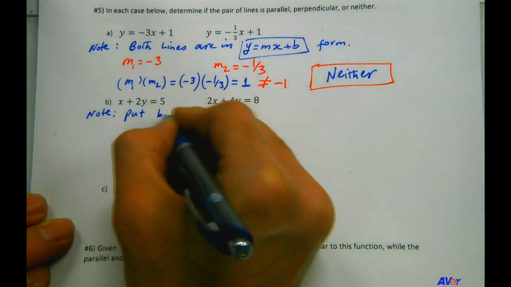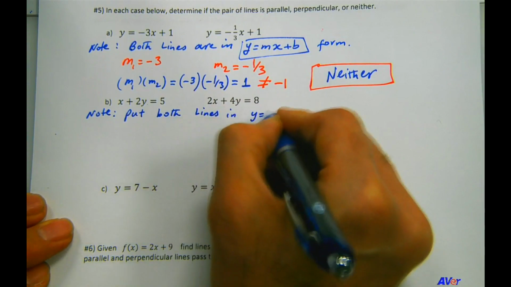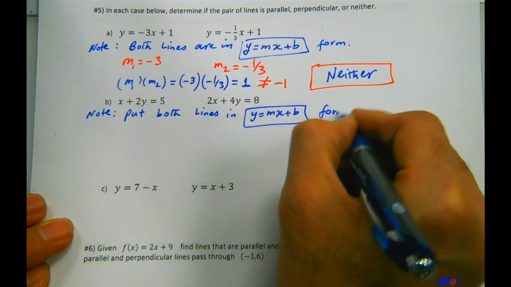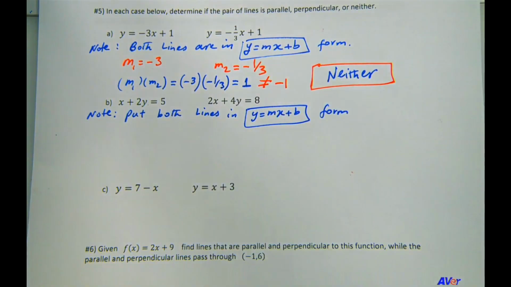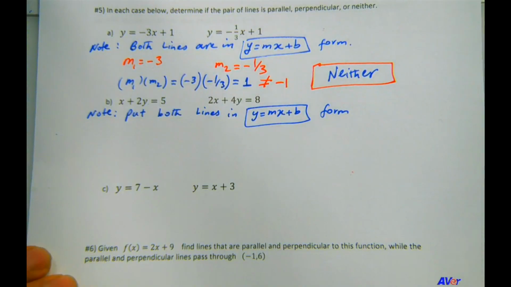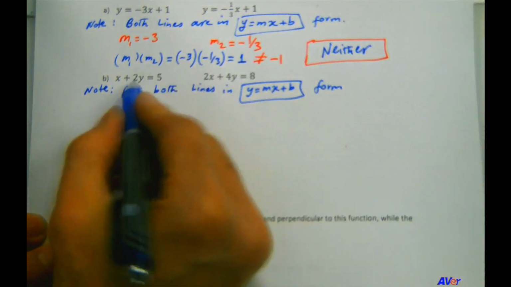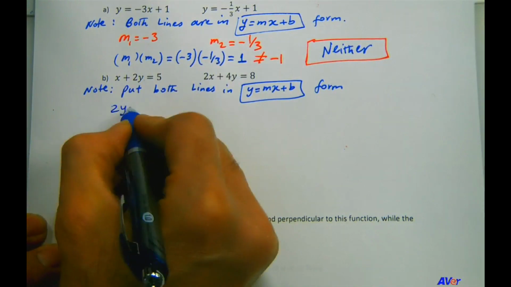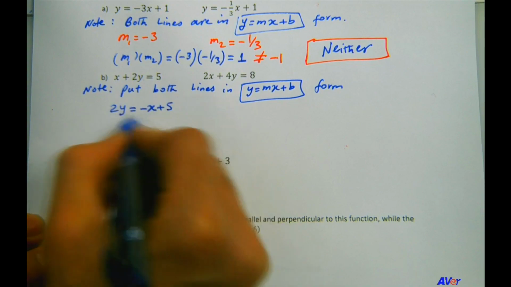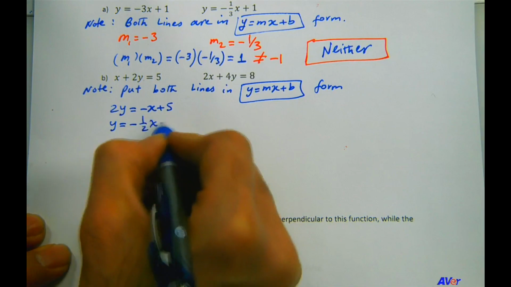Let's do that, guys. I'm counting on you having already done that. So doing that, we have 2y equals minus 6 plus 5. And then divide both sides by 2, we get y equals minus 1/2 x plus 5/2.